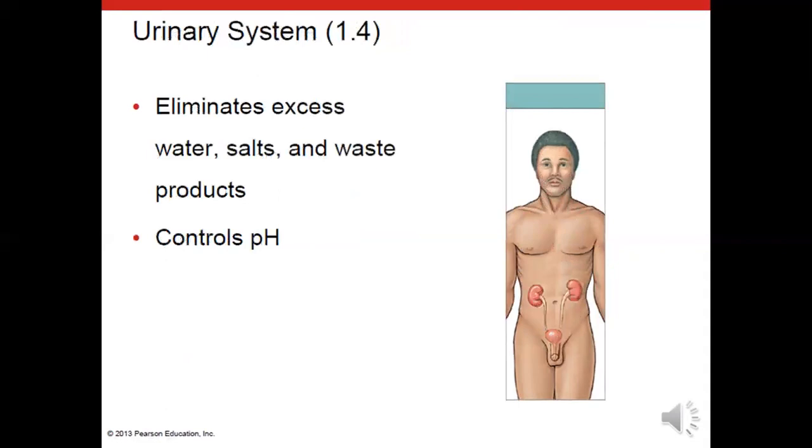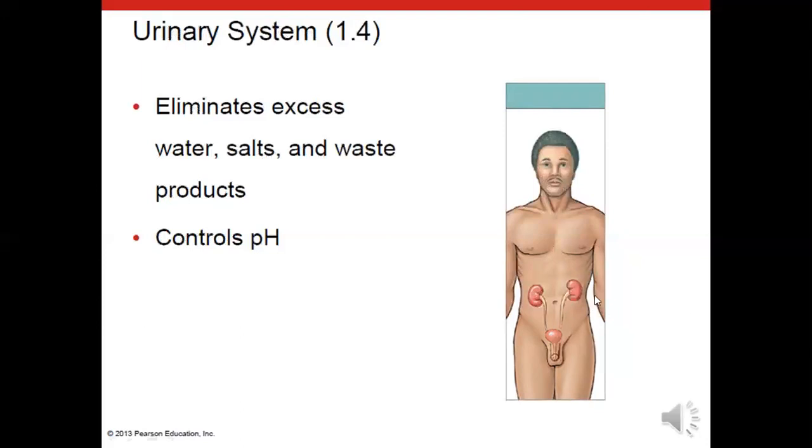Once you have all those nutrients and vitamins and minerals and ions, electrolytes and water in your body, your urinary system gets rid of the excess. It helps eliminate water if you have too much, or salt or waste products, and controls pH. So the urinary system uses kidneys.